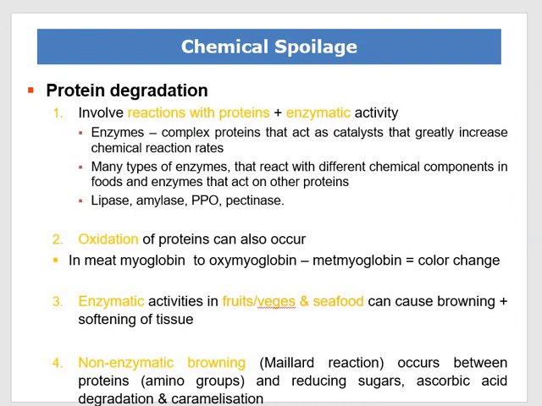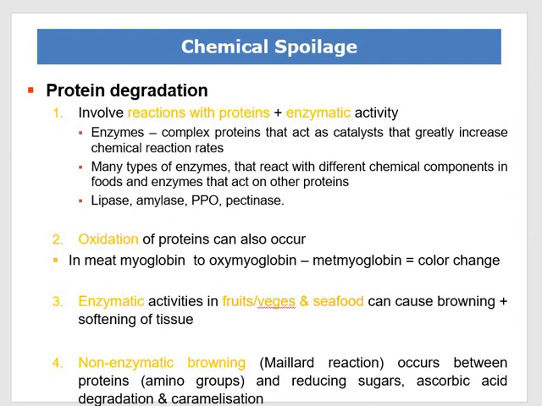So we can say your lipase, your amylase, your PPO, your pectinase, those are enzymes and they are all proteins. But then we also have proteins like your myoglobin, your casein, and so on. They are not enzymes, but they are proteins.